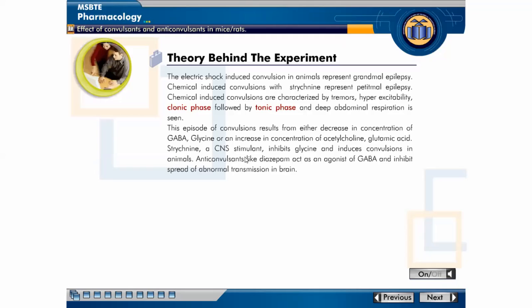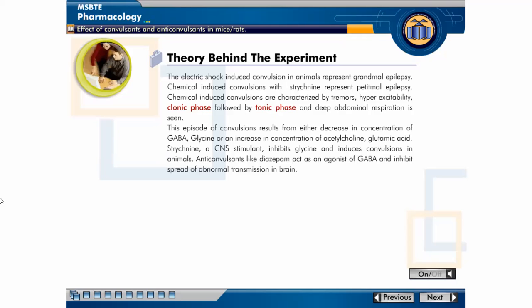Then strychnine, as a CNS stimulant, which stimulates the central nervous system, inhibits glycine and produces convulsion. So the activity of glycine is inhibited by this drug and it produces convulsion in the animal.